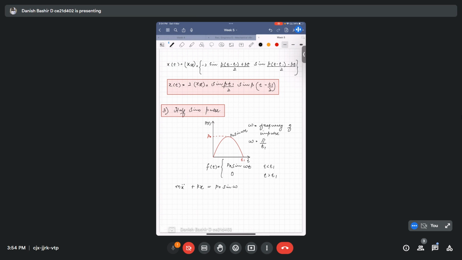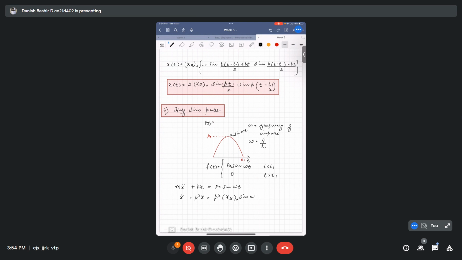We can rearrange the terms and write it directly as x double dot plus k by m, which will be p square x, equal to p square x static naught sine omega t. You remember that from the earlier cases.